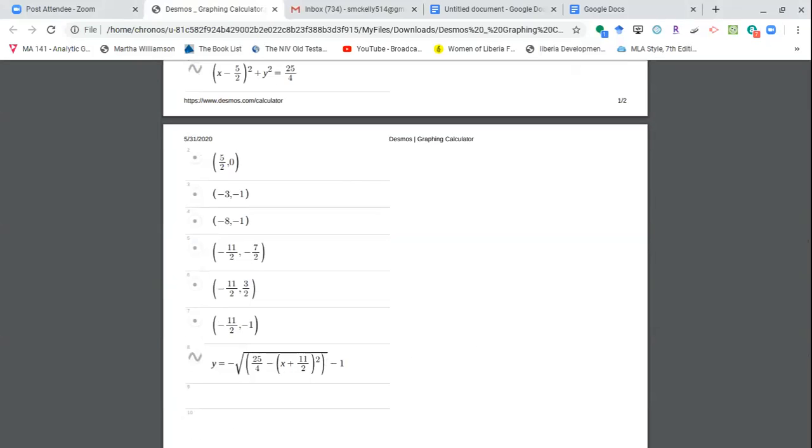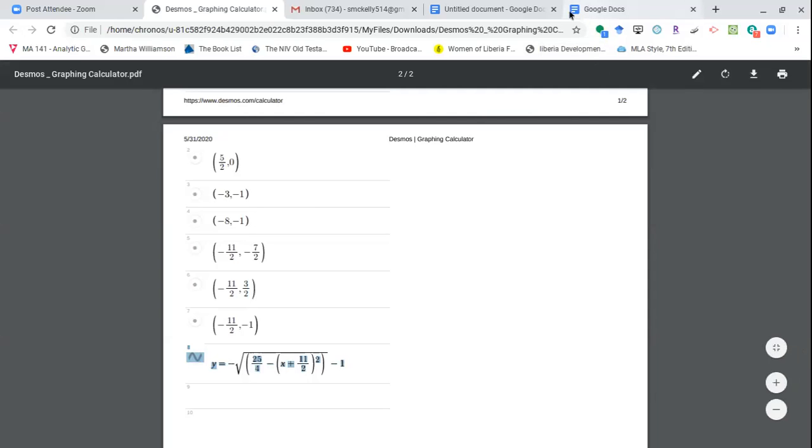So this curve is your, I don't know if it will paste. Let me see if it will paste it into the Google Doc. No, see, it didn't copy it correctly.